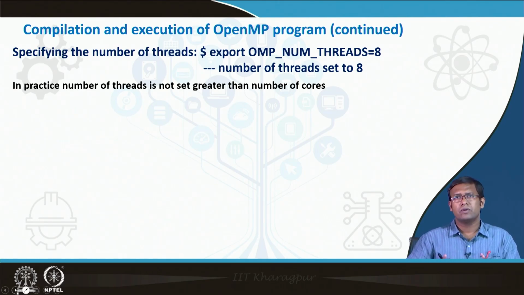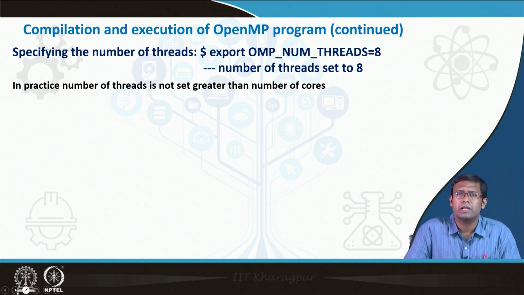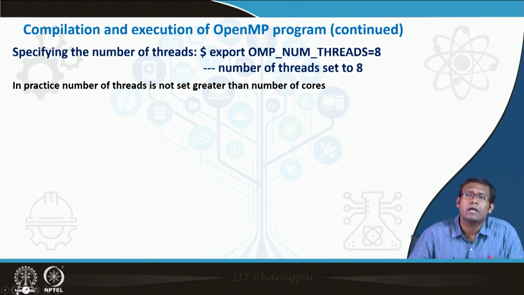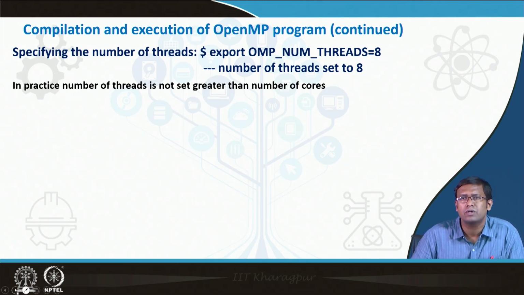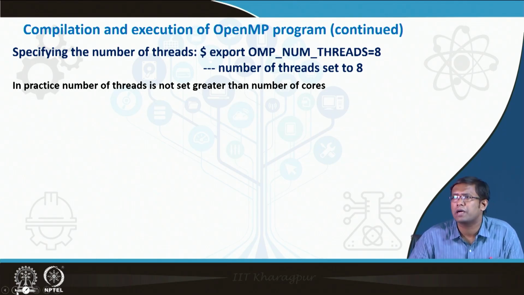So in practice we see how many cores are available, and the number of threads is not greater than the number of cores. A better practice is to set the number of threads less than the number of cores, because some of the cores will always be active on some other job. Just for running the OS, some core is active, and for some of the graphics interface, some core is active, etc.